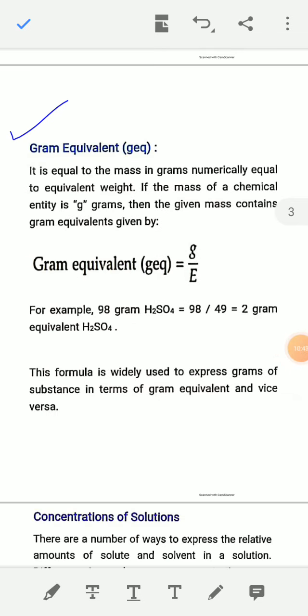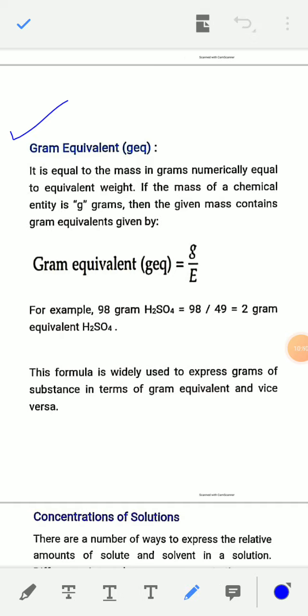Now we have to know how to calculate the number of gram equivalents, like the number of moles. The number of gram equivalents of a substance is equal to the mass of the substance divided by the equivalent weight of the substance.